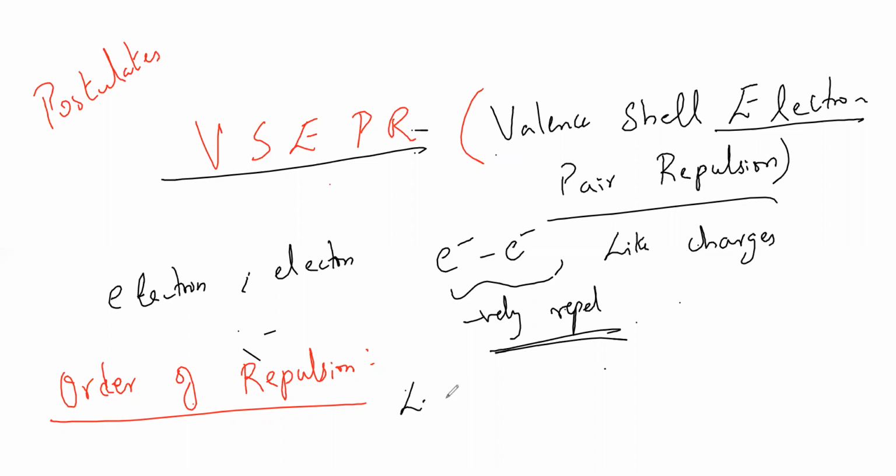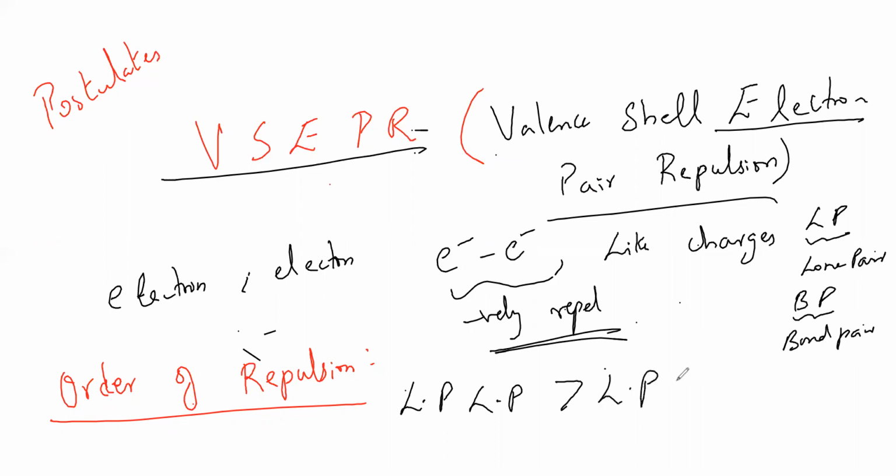Lone pair, LP. LP is not Louis Philippe, it is lone pair. BP is called bond pair. LP greater than BP greater than BP.